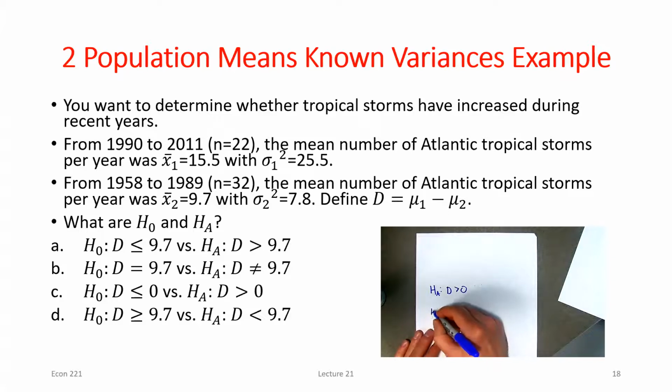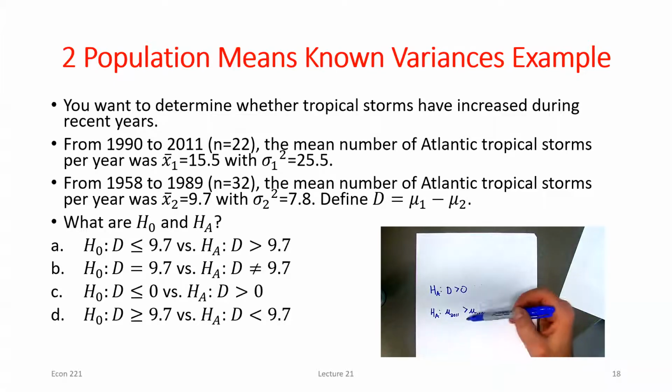Now, another way I could think about this is, what do I want to test for? Well, I want to test whether or not the newer average is greater than the old time period's average. If they've increased, what I'm really thinking about is, is the new mean greater? Well, if I write it down this way, I have a problem because I know that I need the assumed true difference in there, and I need my difference, but it's kind of hiding here.